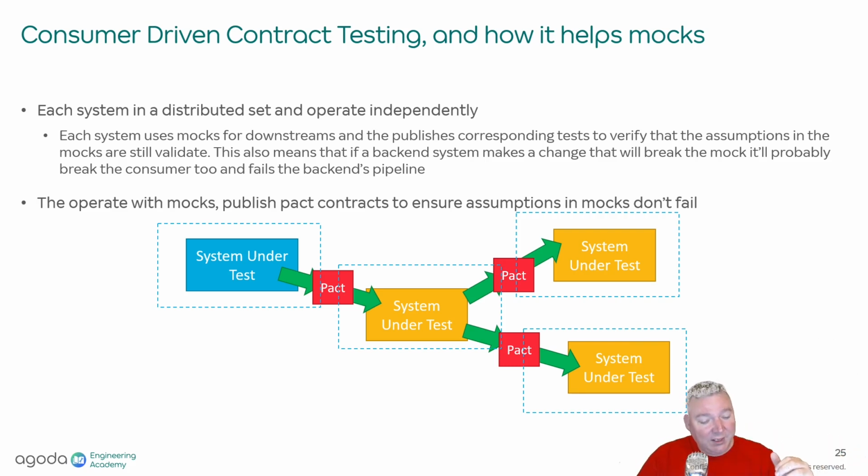And the Pact Framework allows you to link things together too. So if you're changing a mock in a consumer, before it publishes that mock to be assumed as the latest Pact contract, it would trigger a pipeline in another system. So you can keep things in sync that way and prevent consumers from publishing things that will break other people's pipelines.